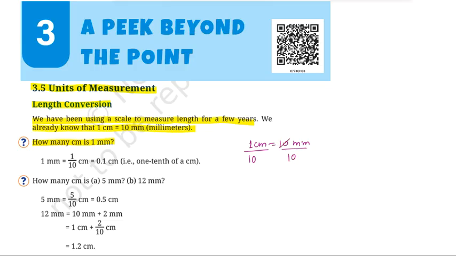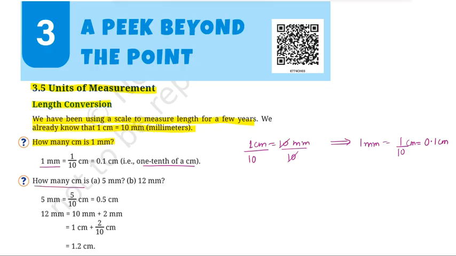So this gets cancelled and you will get your answer as 1 millimeter is equal to 1 over 10 centimeters, or 1/10 centimeter, or in decimal presentation 0.1 centimeter. So 1 millimeter is 1/10 of a centimeter.